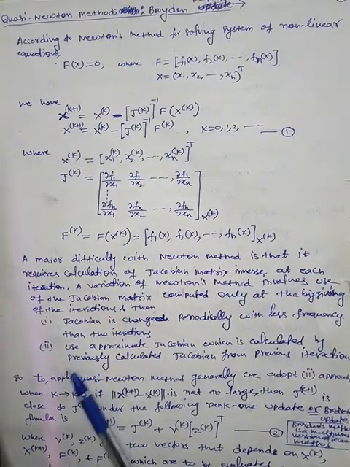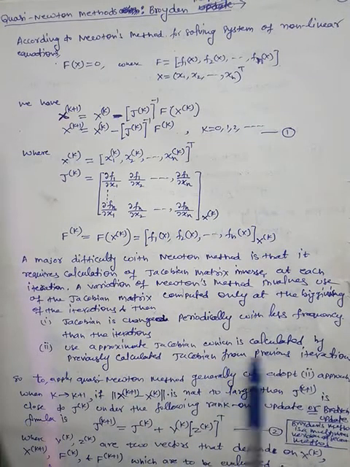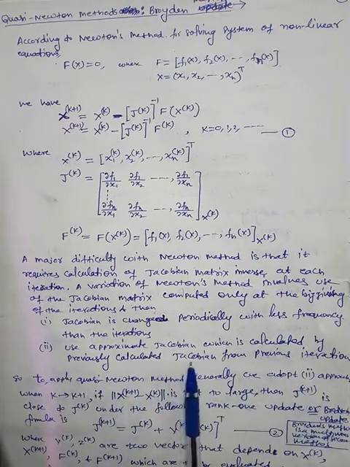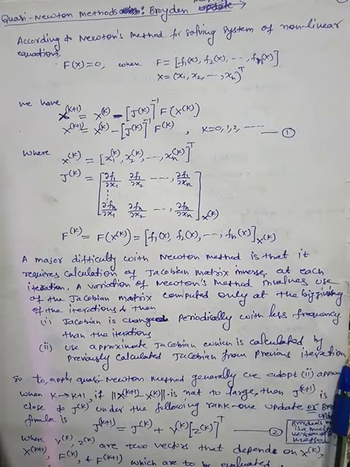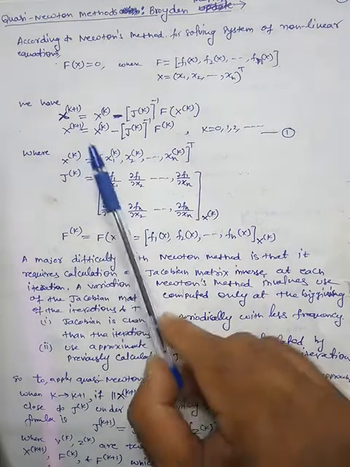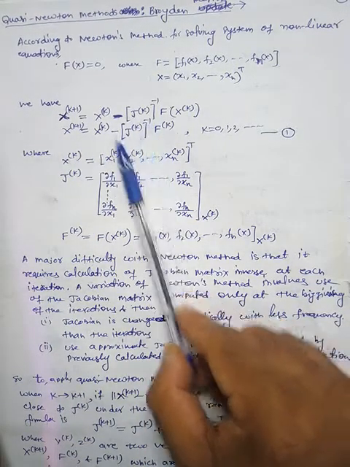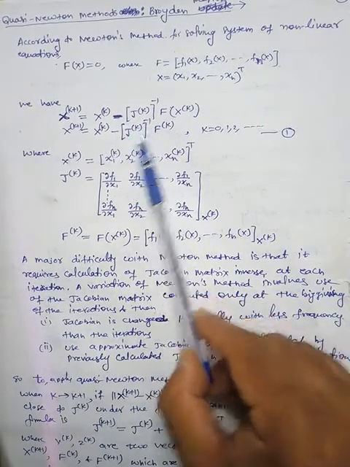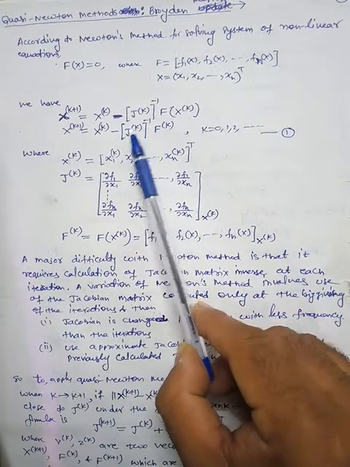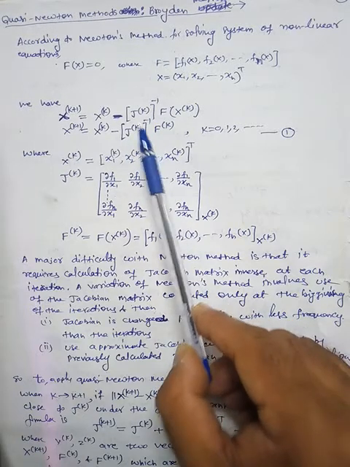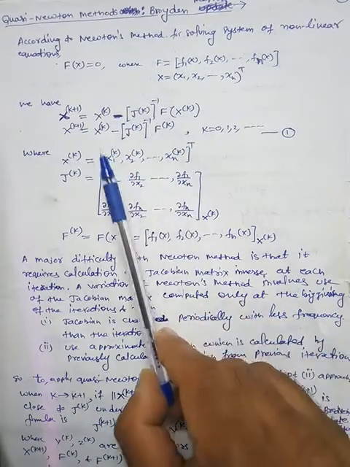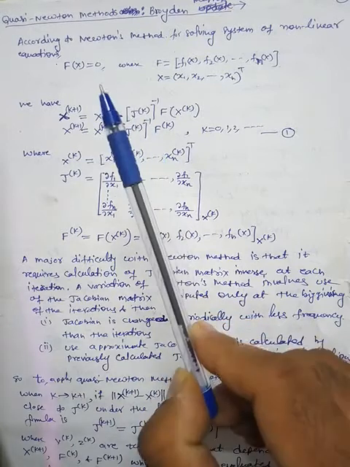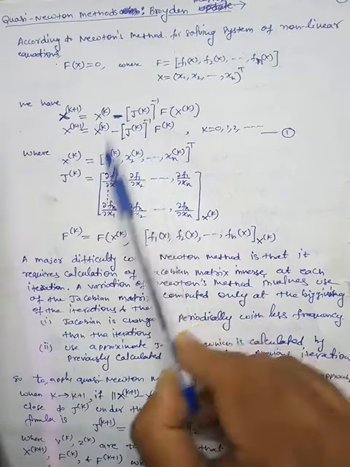Another one is to use an approximate Jacobian, which is calculated from the Jacobian of the previous iteration. That means we will compute the Jacobian inverse initially, denoted by J naught inverse. Then we will find J1 inverse with the help of J naught inverse, then J2 inverse with the help of J1 inverse.